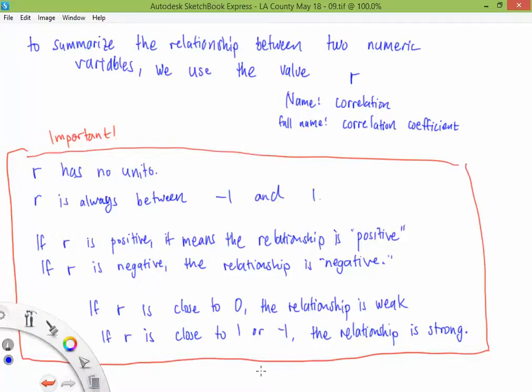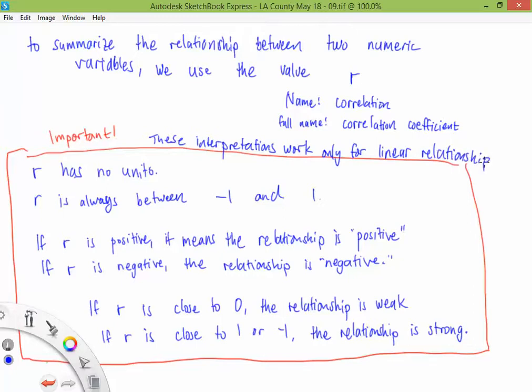One more important thing I should add: these interpretations work only for linear relationships.